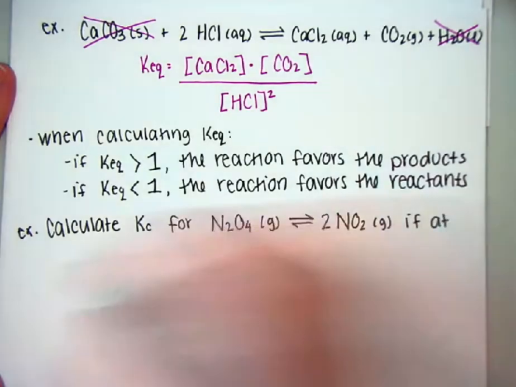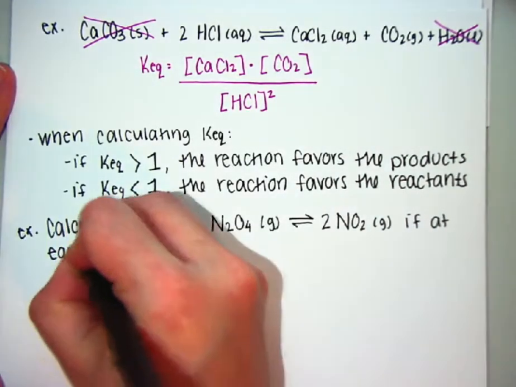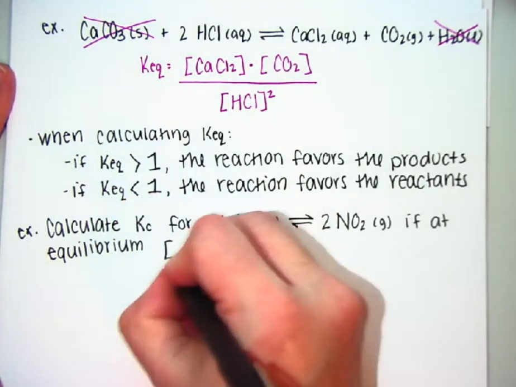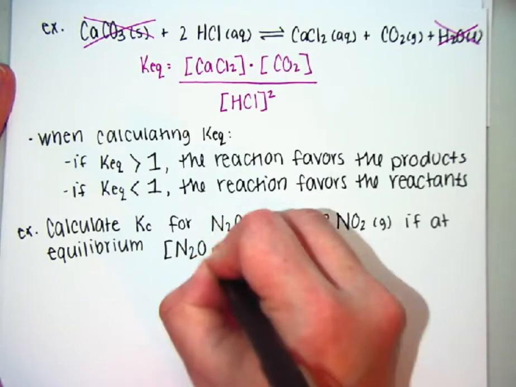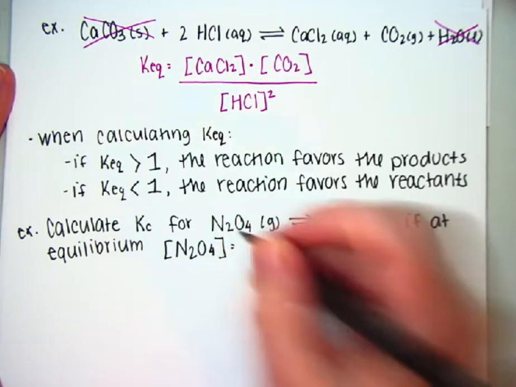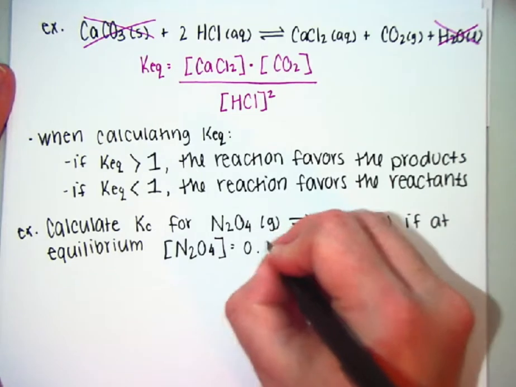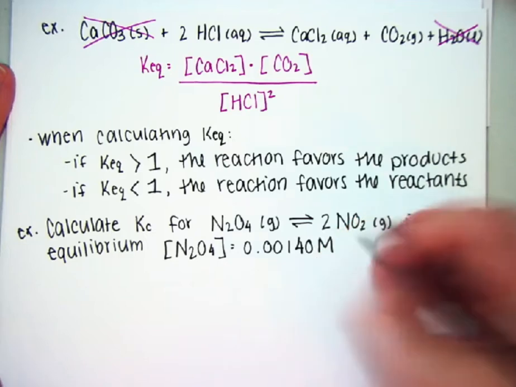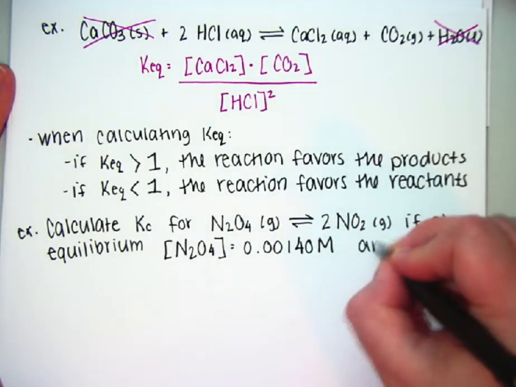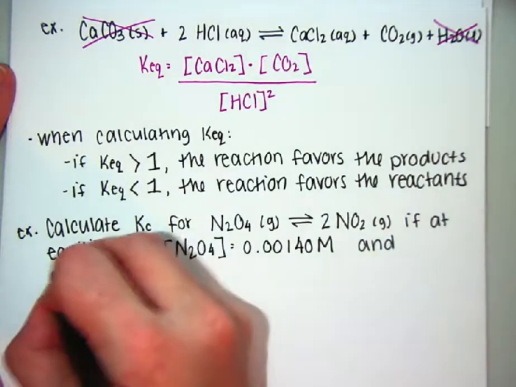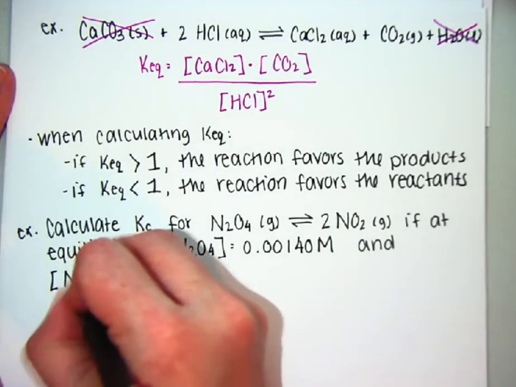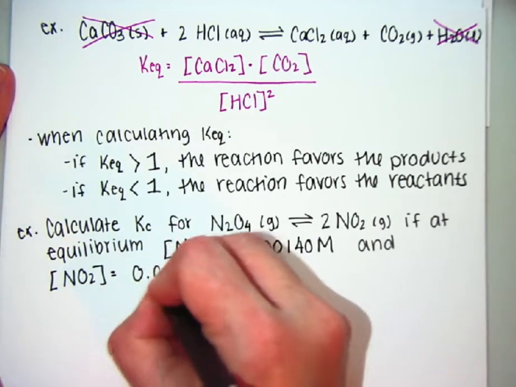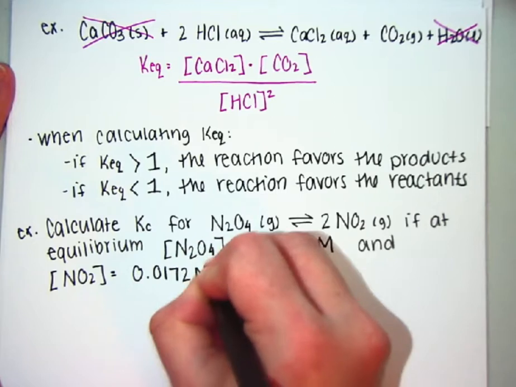If at equilibrium the concentration of N2O4 equals 0.00140 molar, and my concentration of NO2 is 0.0172 molar.